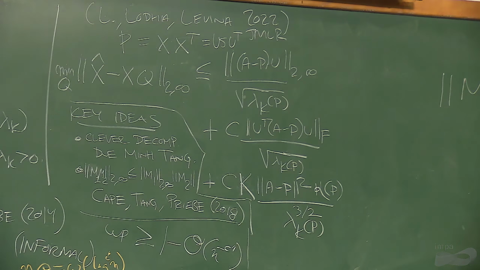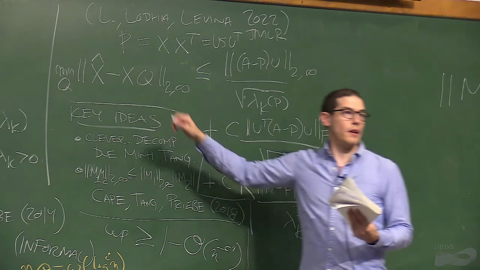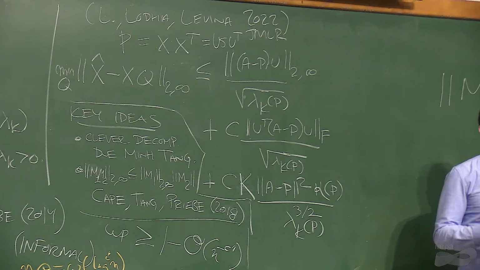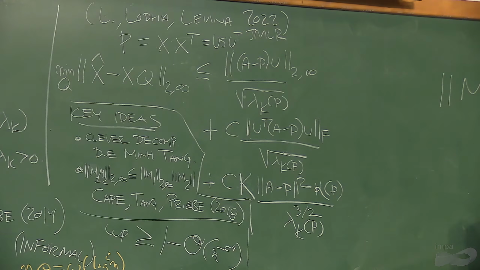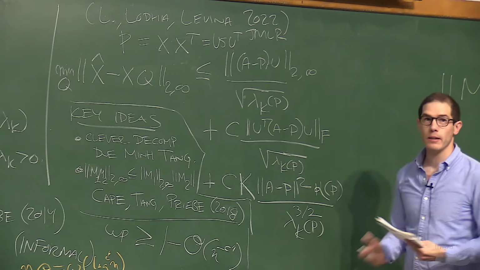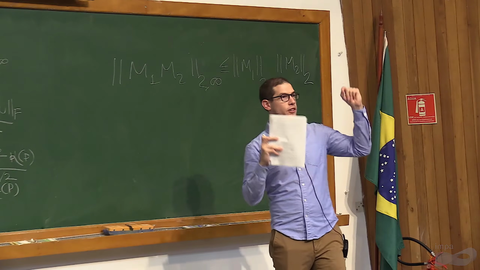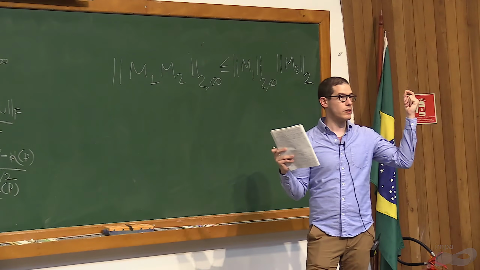So if I want to control this thing, I just have to control these 3 terms. Lambda k of P is not under our control. It's going to grow linearly when we're not in the sparse regime. It's going to grow like n times the sparsity in the normal sparse regime. You can play additional games by allowing the condition number of P to not necessarily be 1.